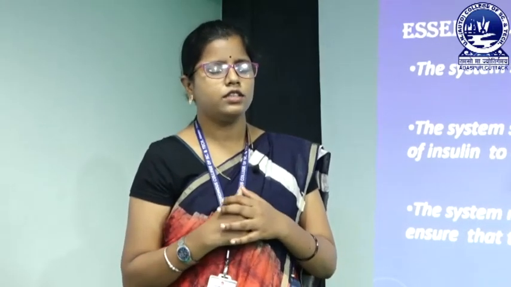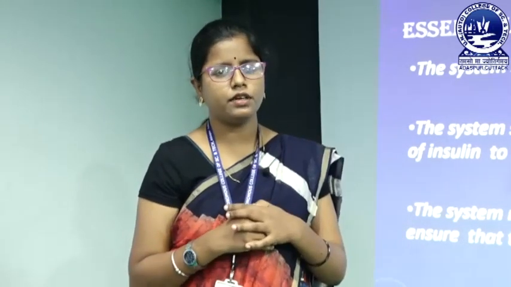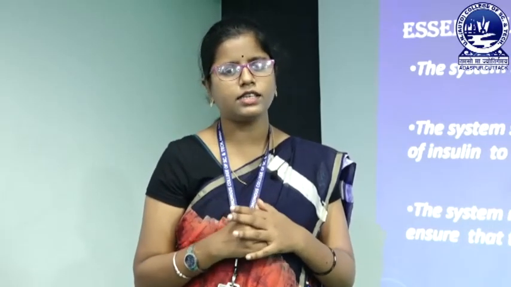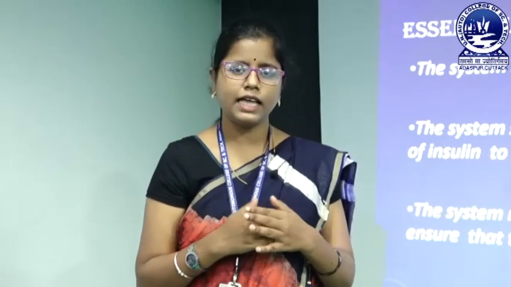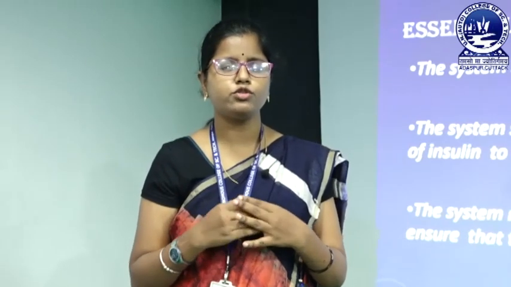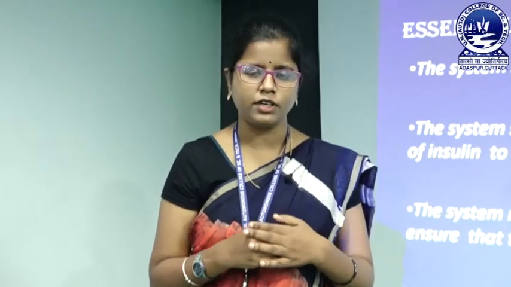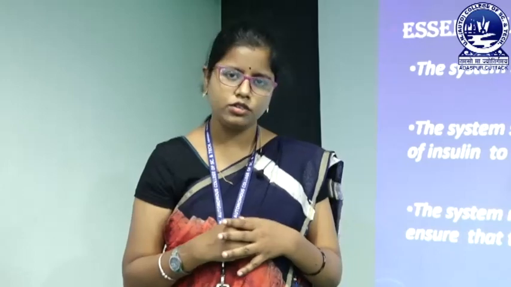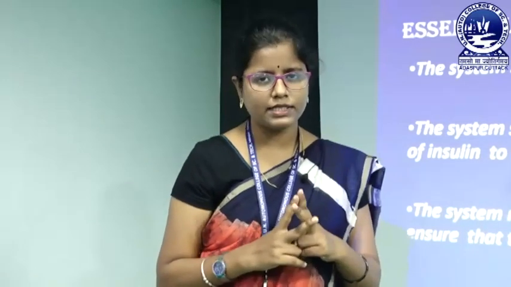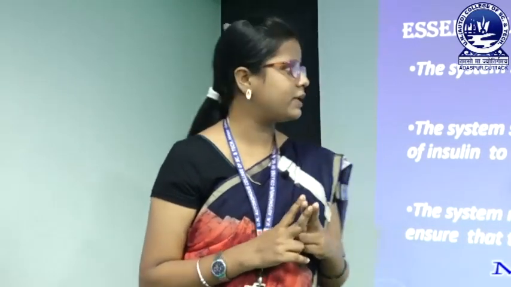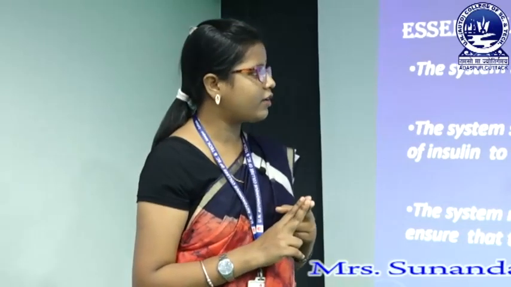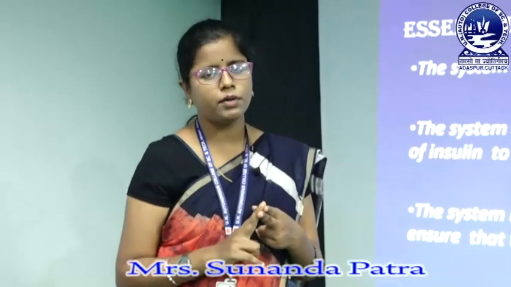That means this particular system should calculate the correct amount of insulin dose, and that correct amount of insulin dose should be injected into the patient's body through the pump control and the needle. So, these are the two basic essential high level requirements of an insulin pump control system.